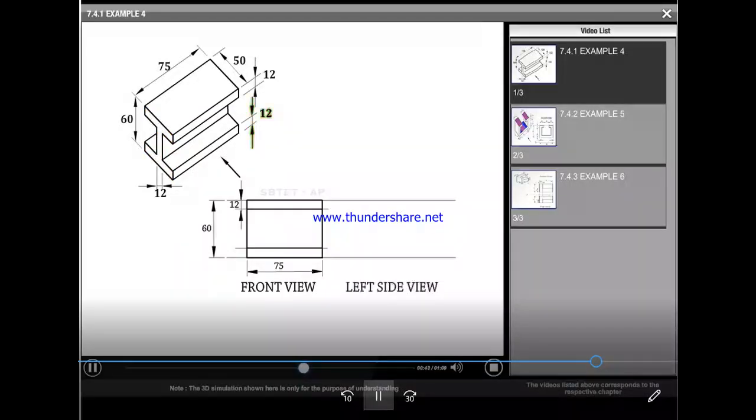Draw projectors horizontally to the right and complete the left side view. Show the dimensions appropriately.